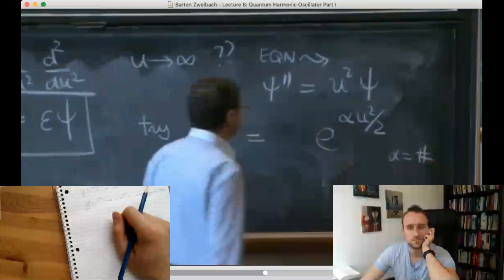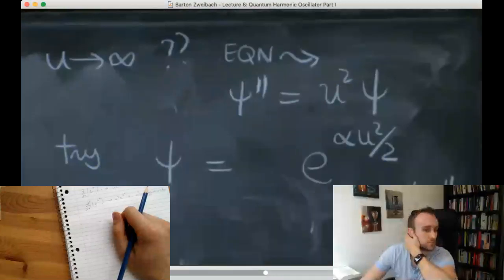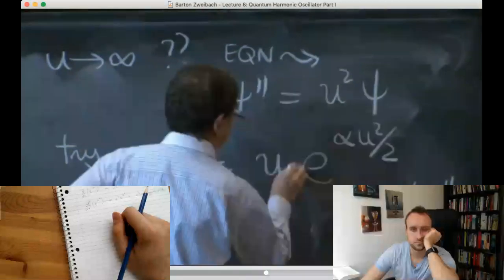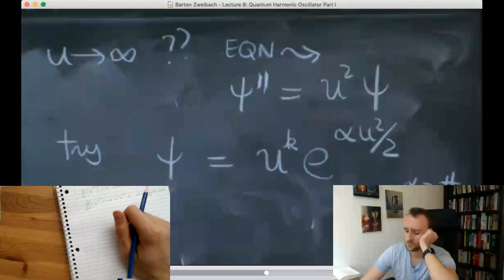I want to emphasize that if this is the behavior near infinity, it makes no difference if here, for example, something like u to the power k, so it would be roughly a solution.